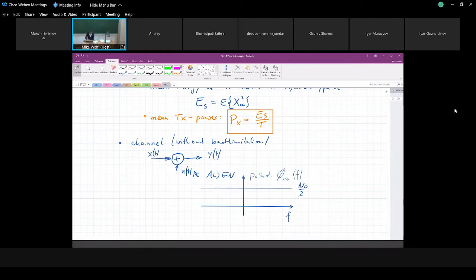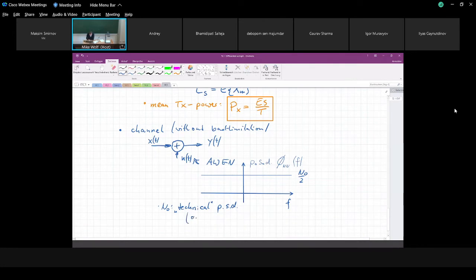So N naught is the technical power spectral density. This means we have only right-hand side frequencies, only positive frequencies. So if you draw it only for positive frequencies, you have twice this value of the two-sided.